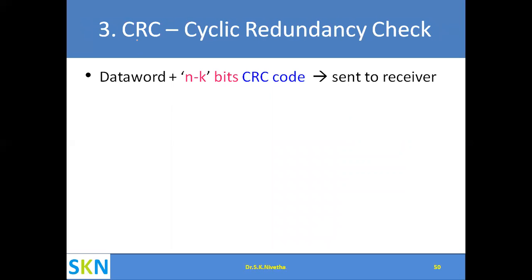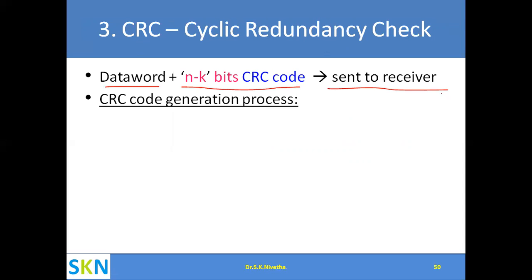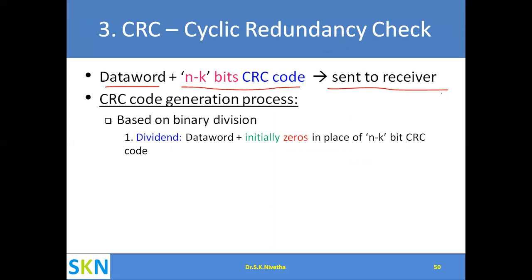Next method is CRC, cyclic redundancy check. Here n minus k bits of redundant code are added to the data word, and that is sent to the receiver. It is based on binary division. The dividend is the data word plus some initial zeros in place of the n minus k redundant bits.